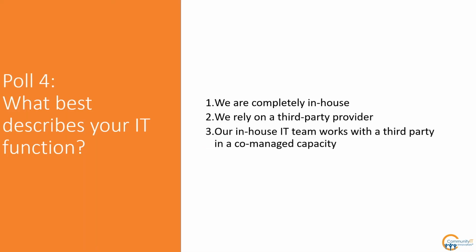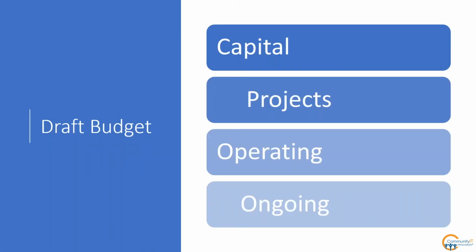So great. Here are some ways you can think about drafting your budget. This is pretty obvious: a lot of nonprofits pay very close attention to the difference between capital expenses and operating expenses, and what you can capitalize can make a big difference. Capital expenses oftentimes can be easier to get funding for.